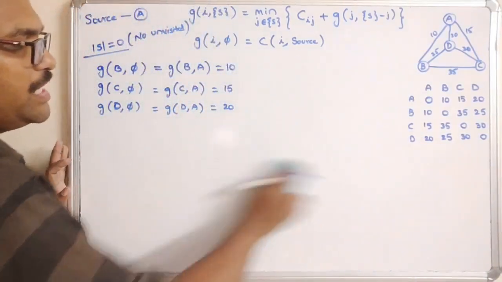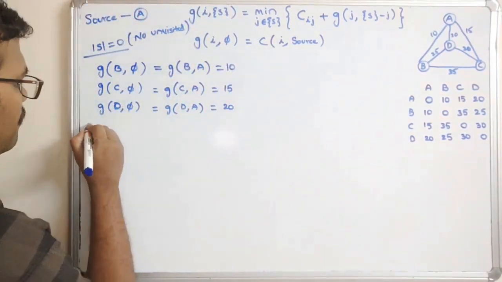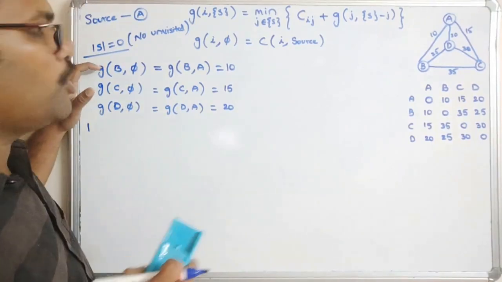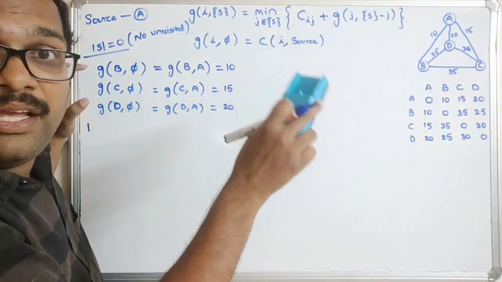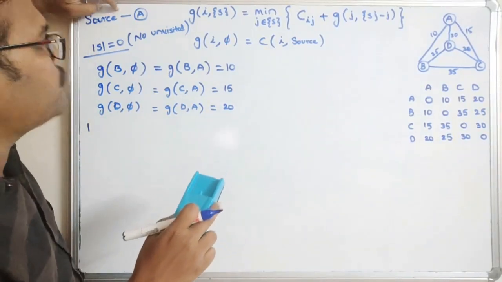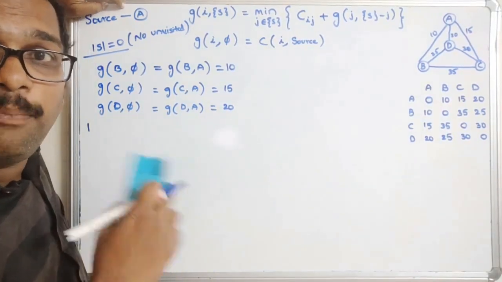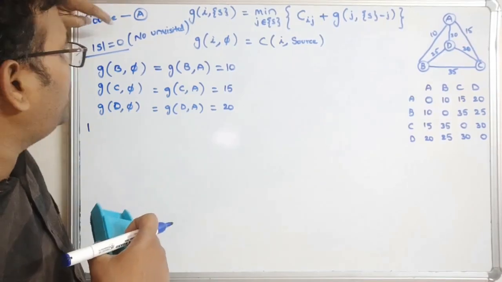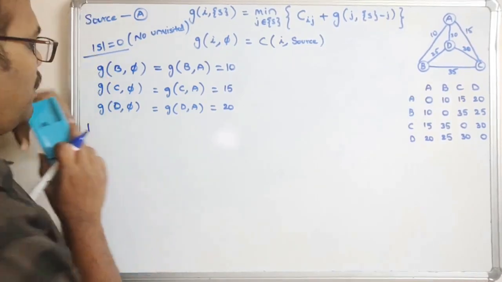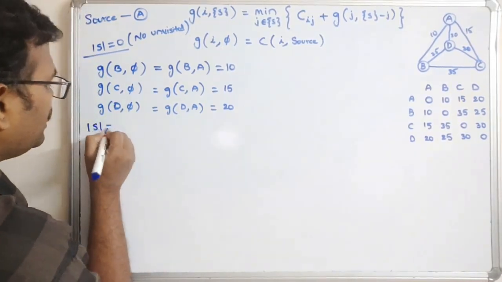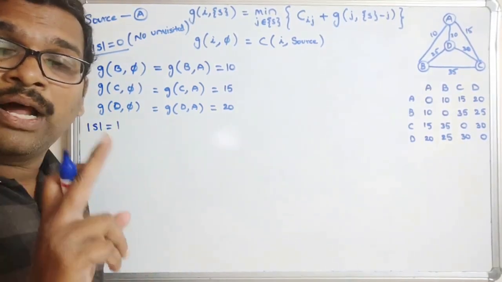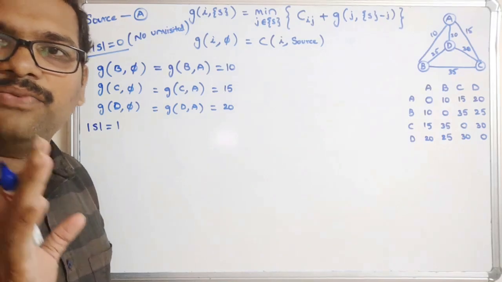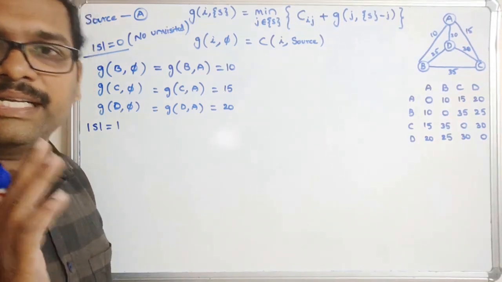And the next possibility. So only 3 possibilities because we are having 4 vertices A, B, C, D, and here we have taken source as A. So we need to check the possibilities of all the remaining 3, B, C, D. Now, if set is equal to 1, that means there is only one unvisited vertex.